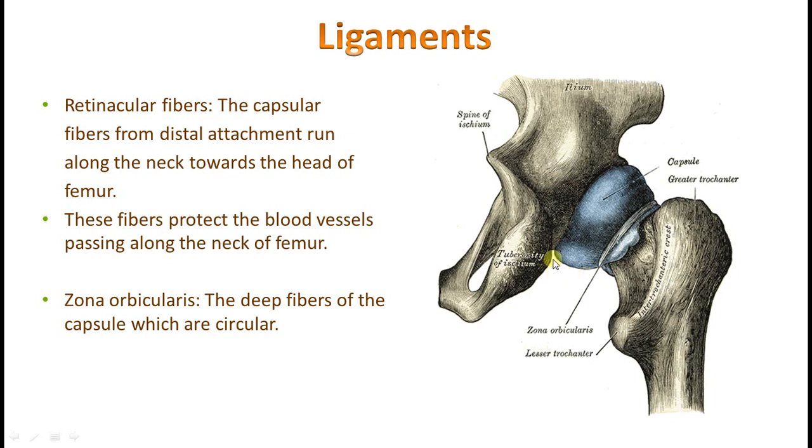The ischiofemoral ligament fuses with the zona orbicularis fibers. Then between this tight attachment of the capsule and the neck of the femur, the synovial membrane might protrude, forming a bursa-like pouch for the tendon of obturator externus.